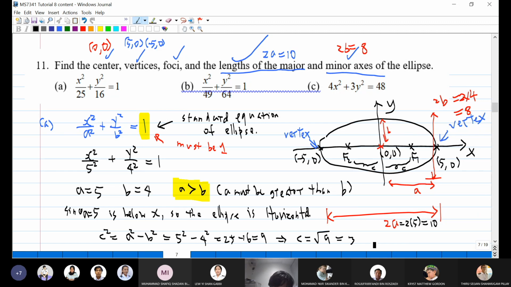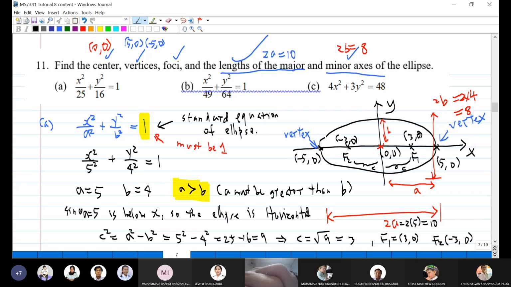That means that F1 is (3, 0) and F2 is (-3, 0). So this point is (3, 0) here, and this point is (-3, 0). The distance away from the origin is c, right?